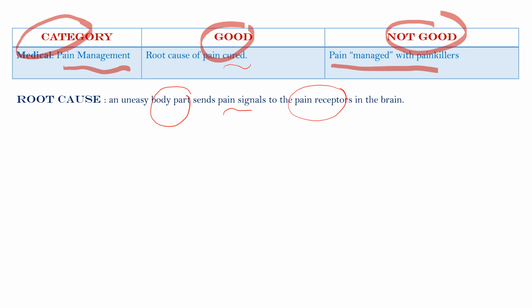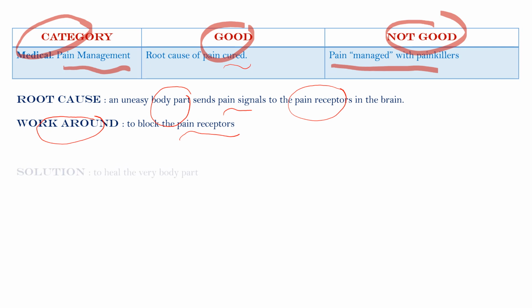Now there's an obvious solution to it, which is to heal the body part. Unfortunately, instead of healing the body part, we have workarounds that we use in the form of painkillers and anesthetics, which merely block or desensitize the pain receptors in the body. So your body part is still unhealed. It's just that you no longer feel the pain.